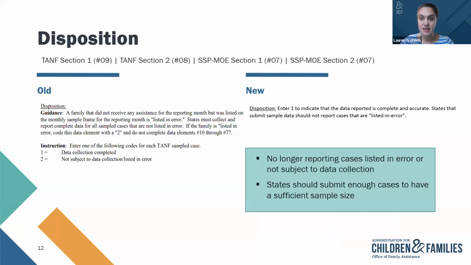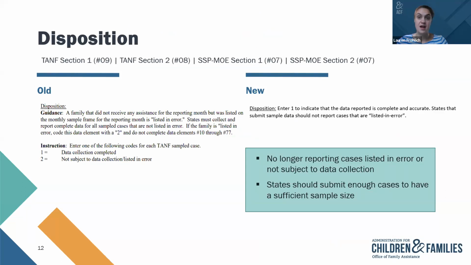So the next data element we wanted to draw your attention to is one that we did get a few questions about in the paper, the Federal Register notice process. The item disposition is no longer being used.